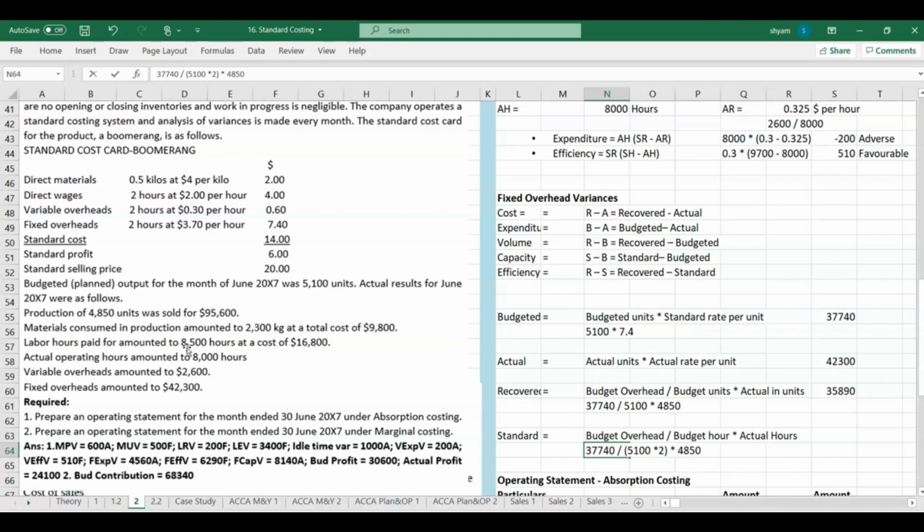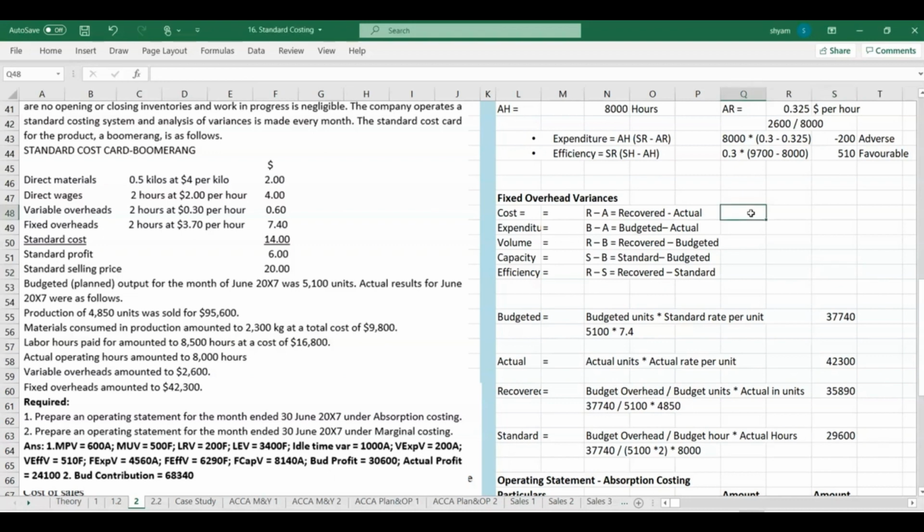There are 2 actual hours: one is the actual hours paid and the other the actual hours worked. So we'll take the actual hours worked and find the answer. We'll insert all these numbers here and we'll get the answer.